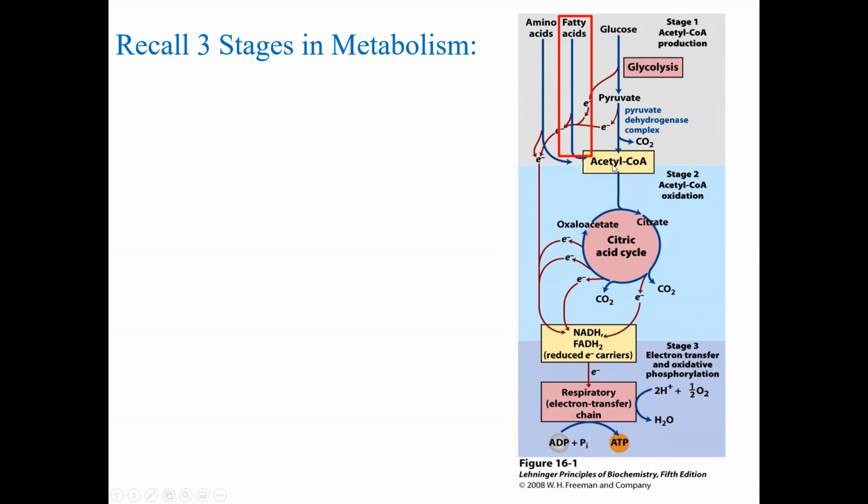And that acetyl coenzyme A is channeled through the central hub of metabolism, which is the citric acid cycle, where it is broken down in steps.